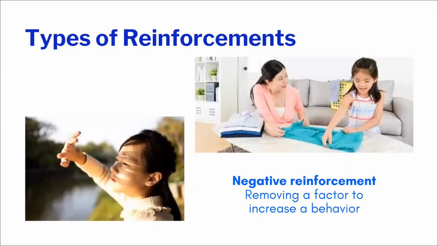So these are the examples of reinforcement. Okay, so remember, positive reinforcement is adding things to the environment or the person, and negative reinforcement is basically removing factors from the environment that would lead to positive behaviors, an increase in the positive behavior.